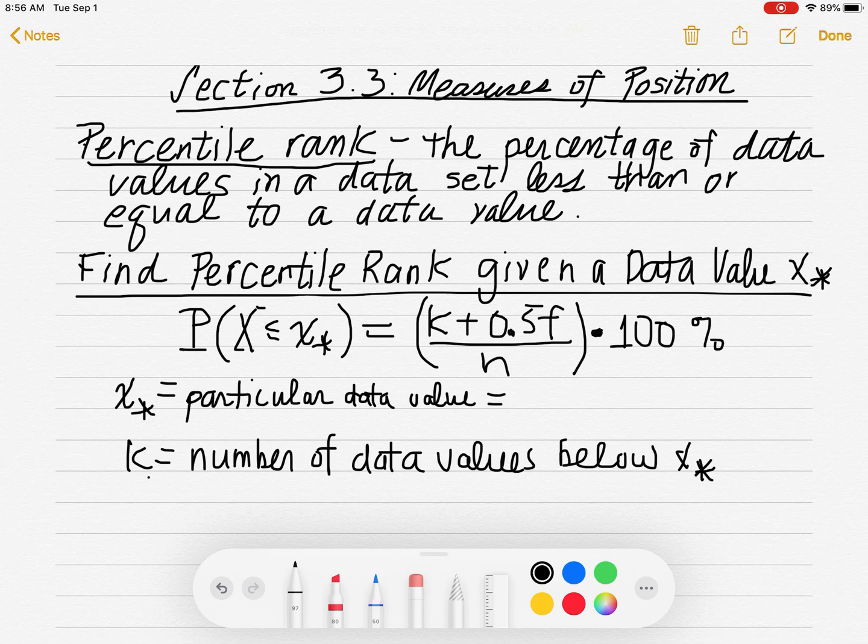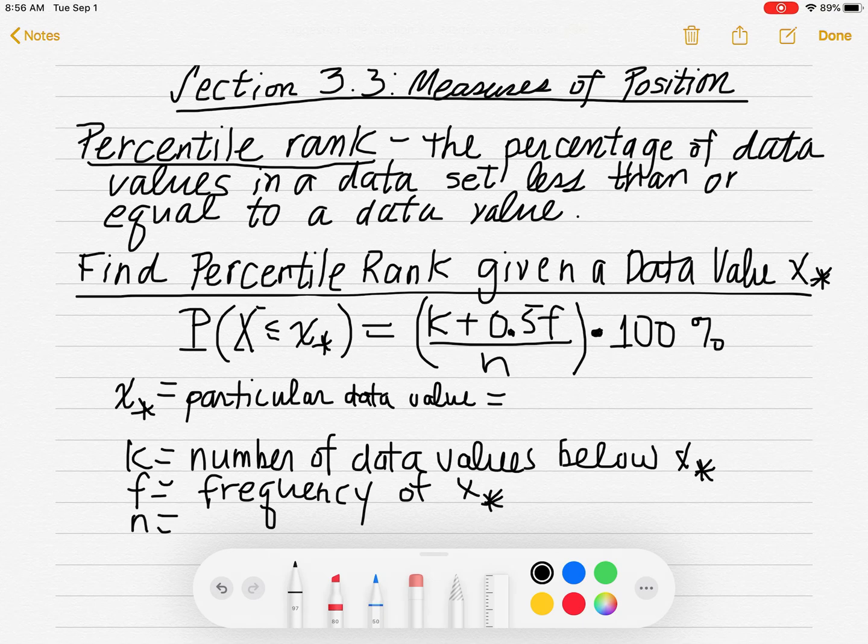And maybe we should say what f is next. f is going to be the frequency of X star. So how many times does X star show up in that list? Sometimes X star will just show up one time in the list. Sometimes X star will show up multiple times in the list. So f is just going to be the number of times that X star shows up in your list.